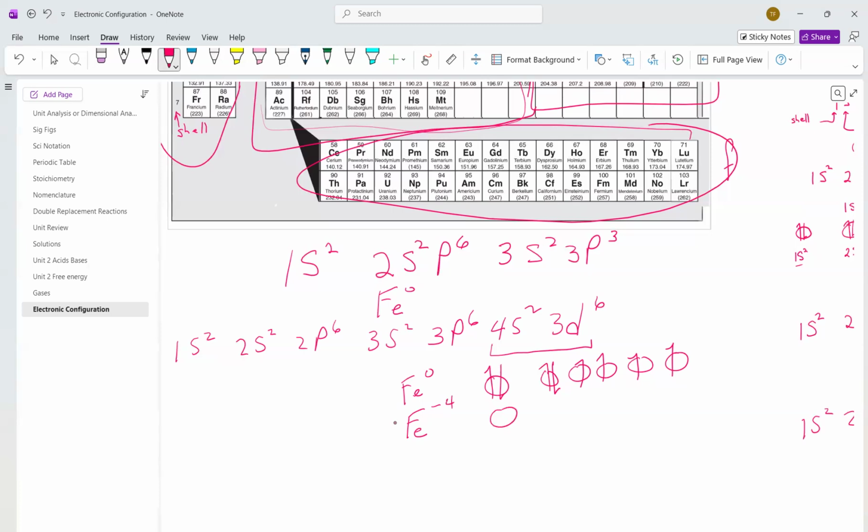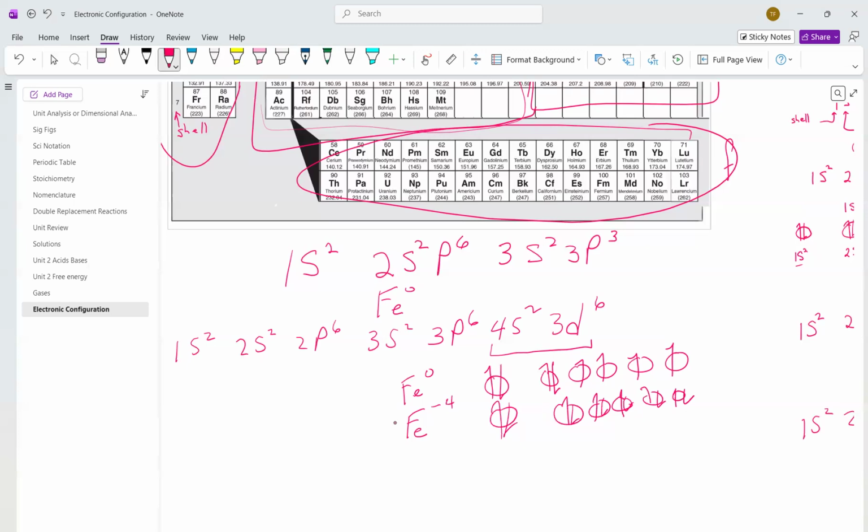And that's going to look like this. Now that's still not a full shell. That's only a full subshell, which is more stable than it was before.